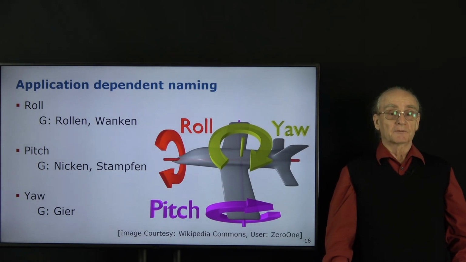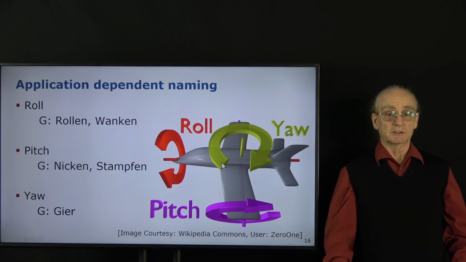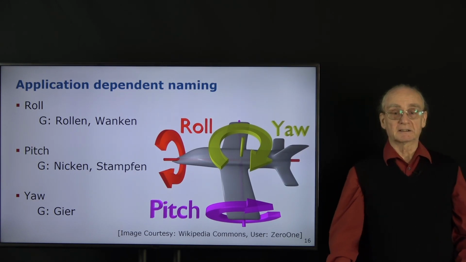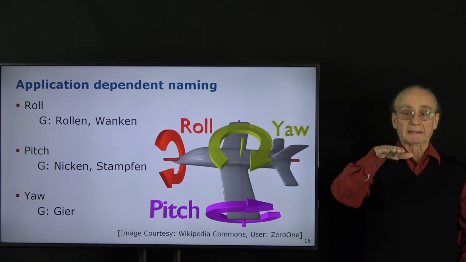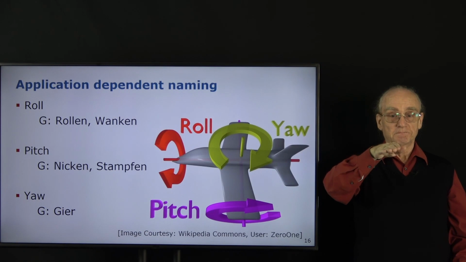The naming of these rotations depends on the application. And one important application is if you have a moving object like a car or an airplane, then people don't talk about x, y, z because this is not clear, but it's clear that if you have a moving plane and it rolls, you mean it goes around the flying direction.